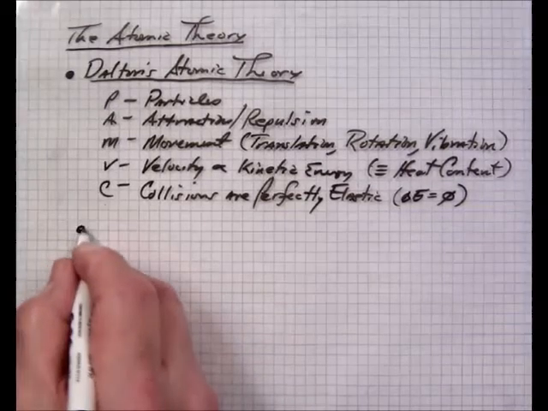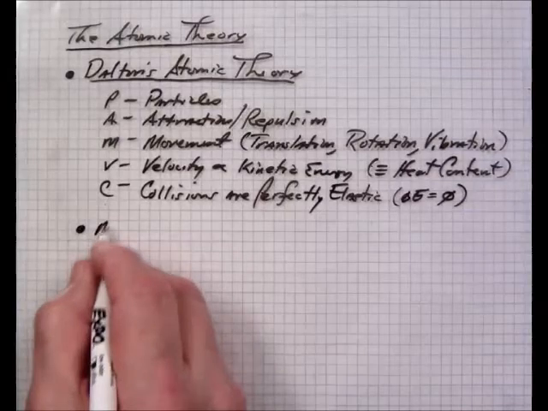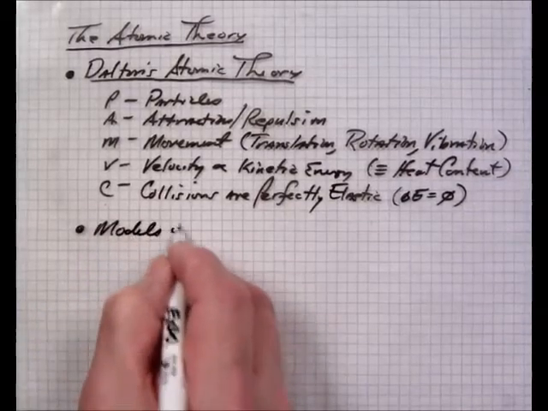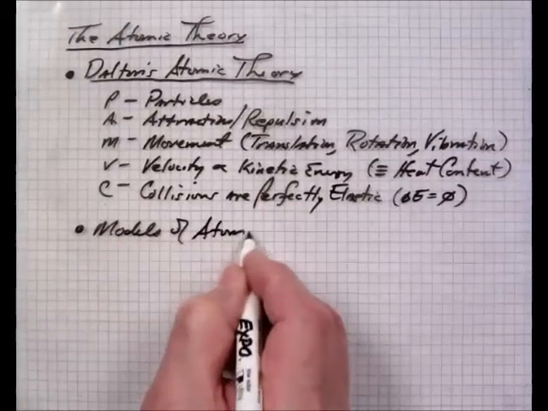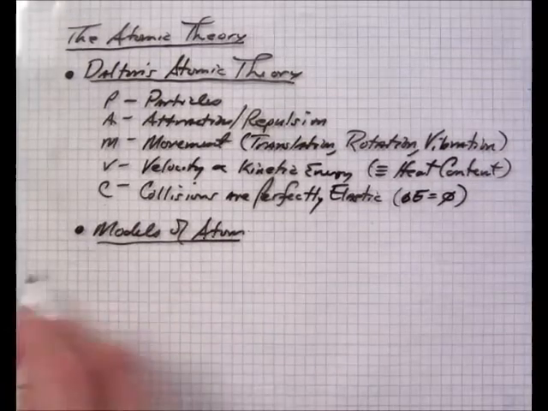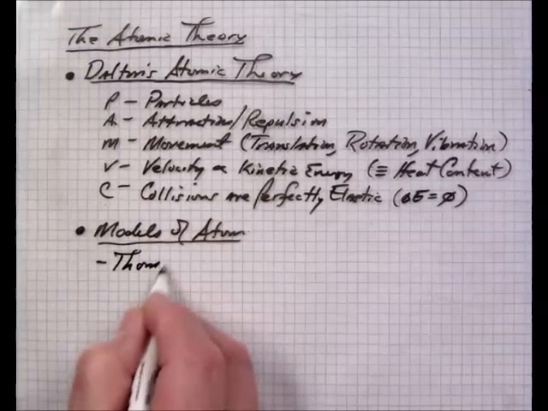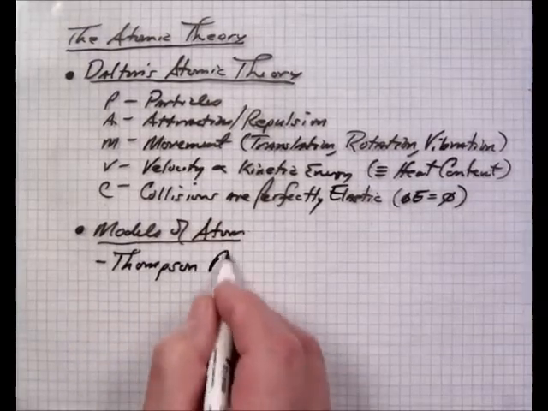Then as time went on, you had various scientists develop the models of atoms, and in this case we're looking at four: Thomson, raisin.